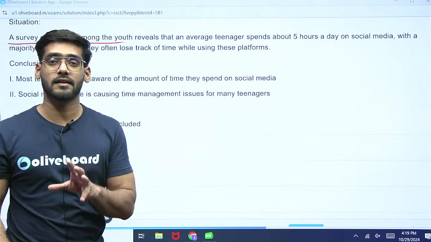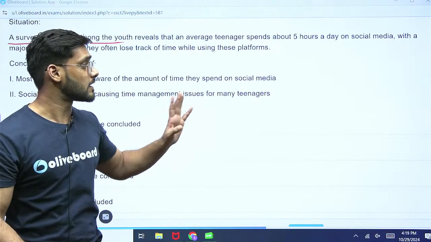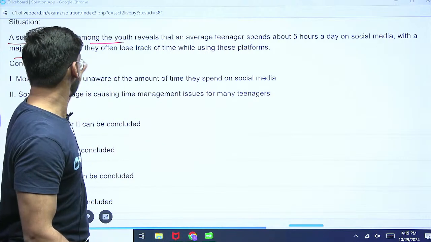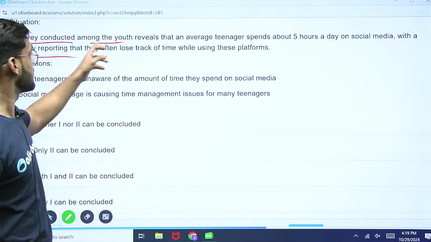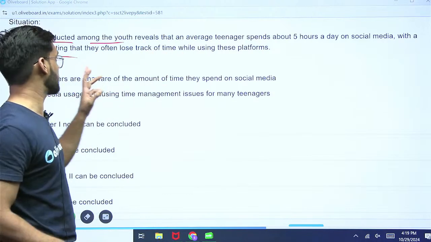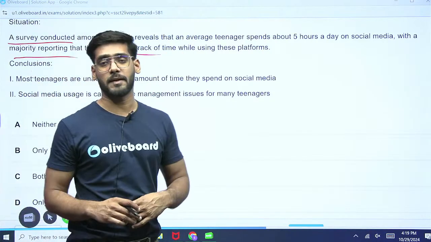With a majority of teenagers reporting that they often lose track of time while using these platforms.